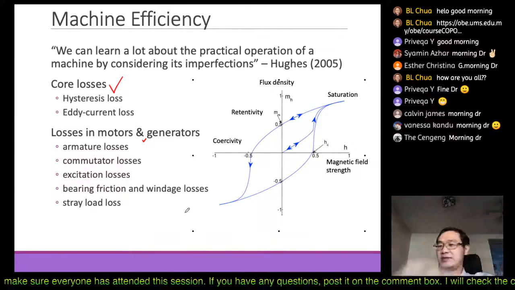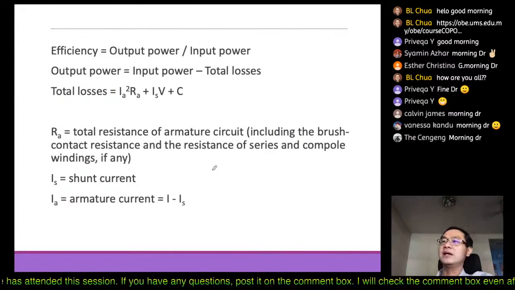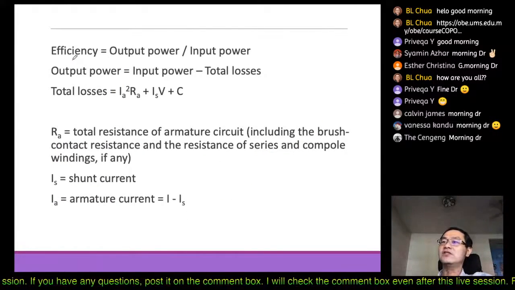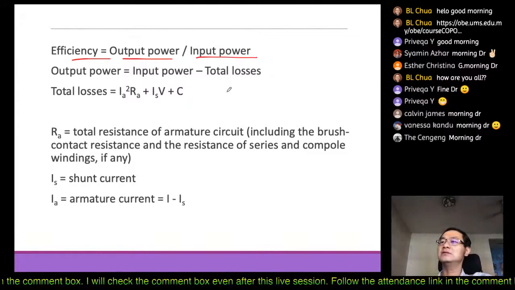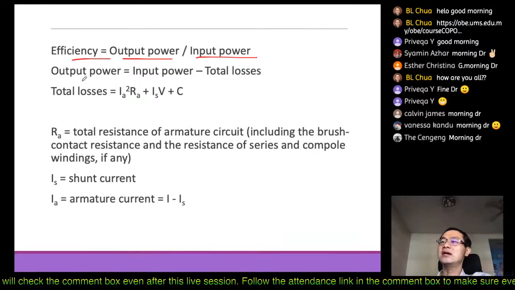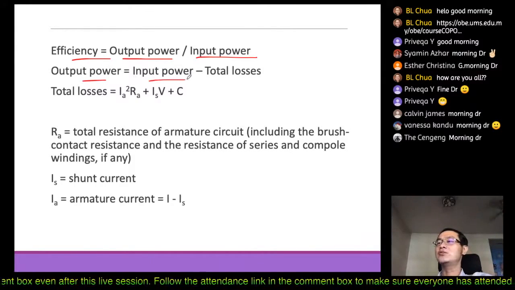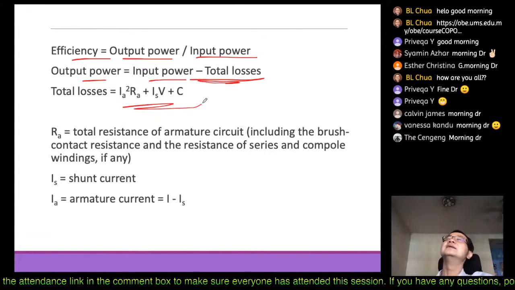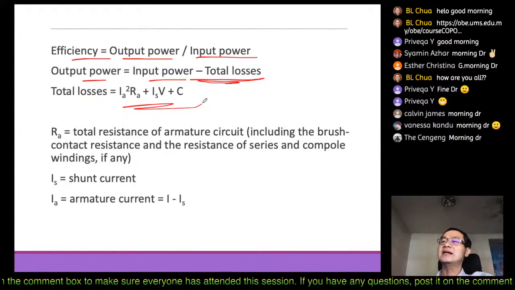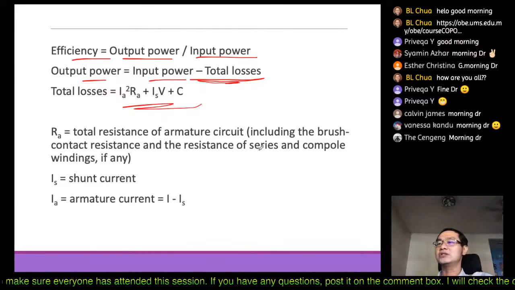And this is how we can calculate the efficiency, output power divided by the input power, typical equations, and the output power equals the input minus the total loss, and the total loss can be theoretically estimated using these equations, right?